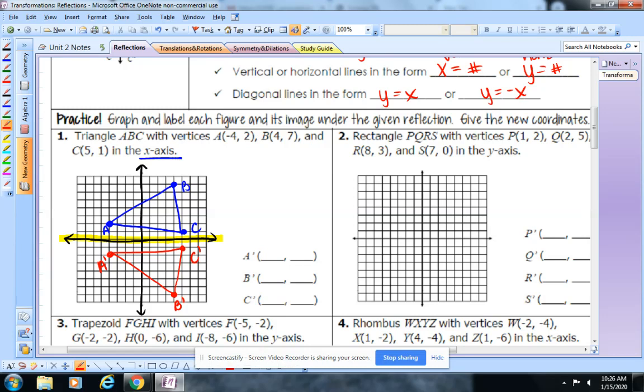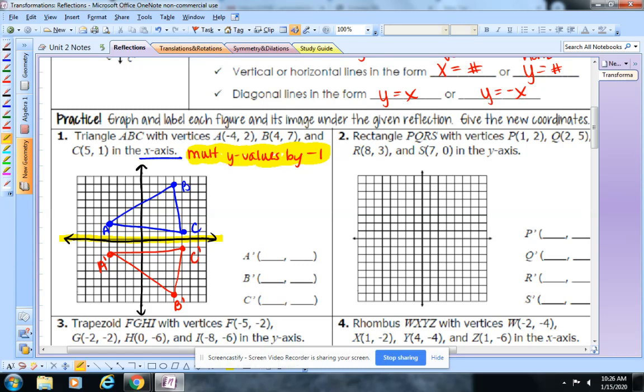Or there's a shortcut. Y'all know the shortcut is? What is it? Flip the y's. So if you're reflecting in the x-axis, you can multiply the y values by -1. If you change the sign of your y values, that will get you your new points.